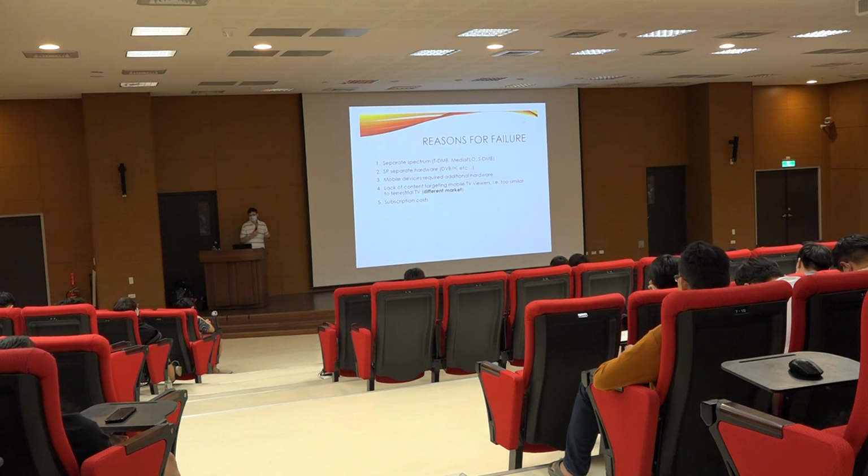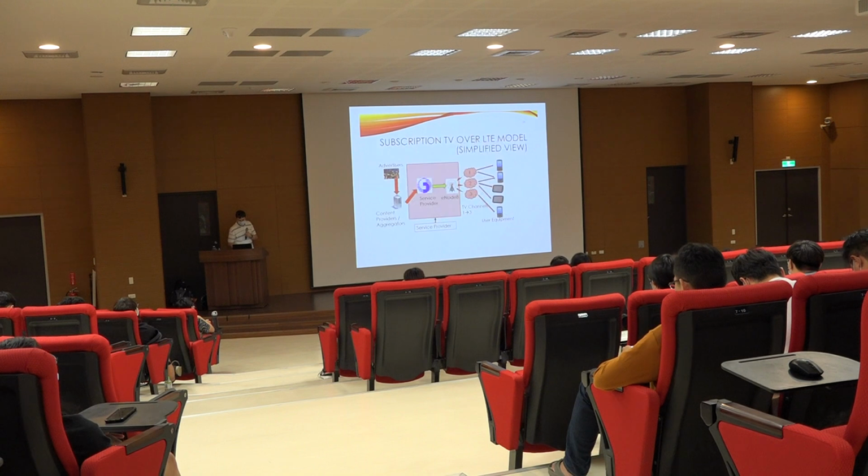These are very short videos. They're not the same as full-blown TV programs. They're different content. That was another reason for failure for mobile TV. And the last one was subscription cost. Who wants to pay money for a TV service that they rarely use and that actually has the same content as they have in their home? No one. Why pay twice?